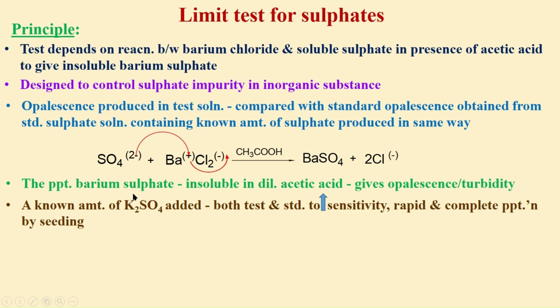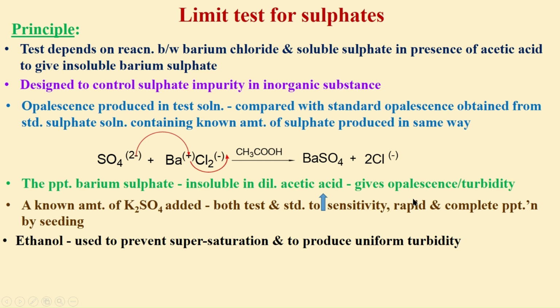It acts as a seed point and helps in complete precipitation of barium sulfate, and it also increases the rate of formation of barium sulfate, so that it forms rapidly.